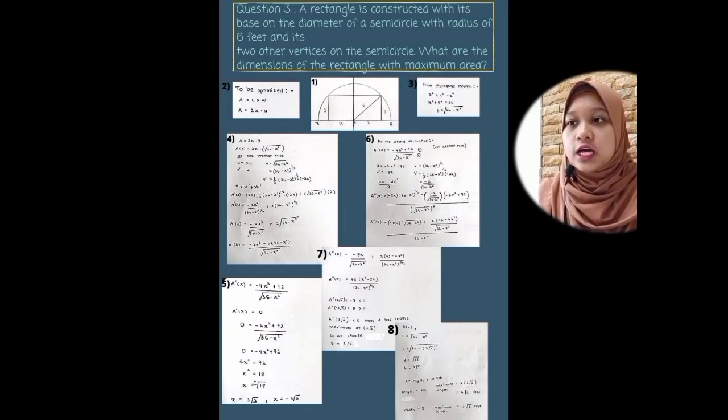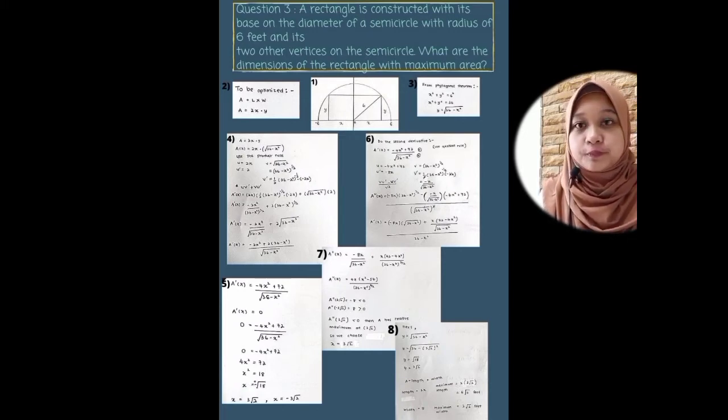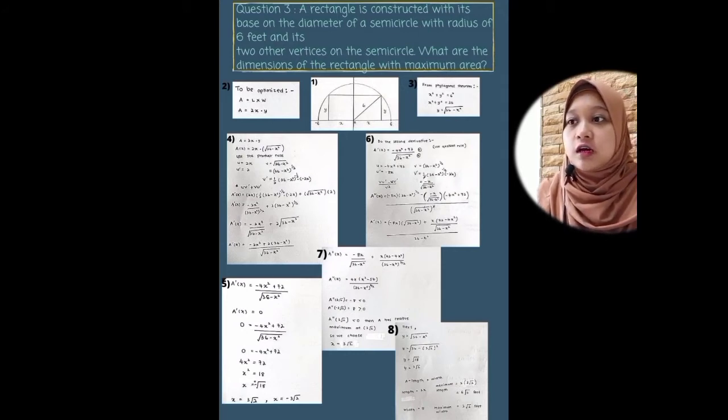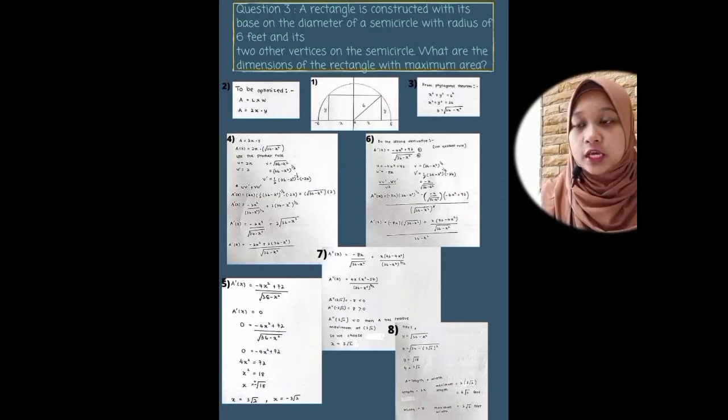So, first of all, I draw the x-axis and also the y-axis, and draw the semicircle, which has a radius of 6. It's mentioned in the question. After that, in the semicircle, I draw the rectangle and make the height y and the base x.